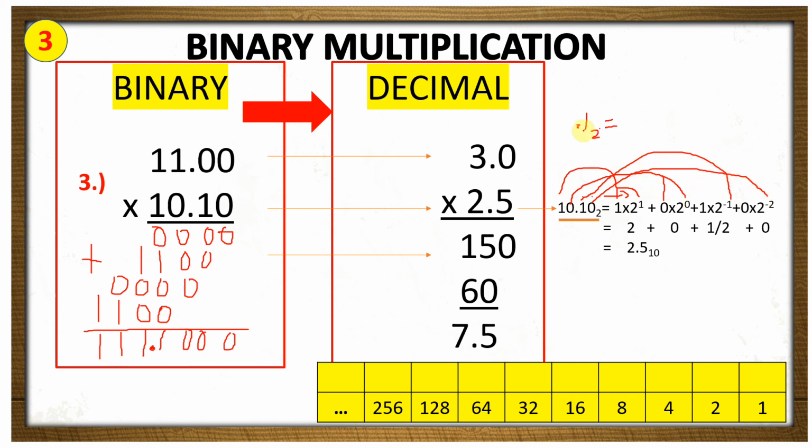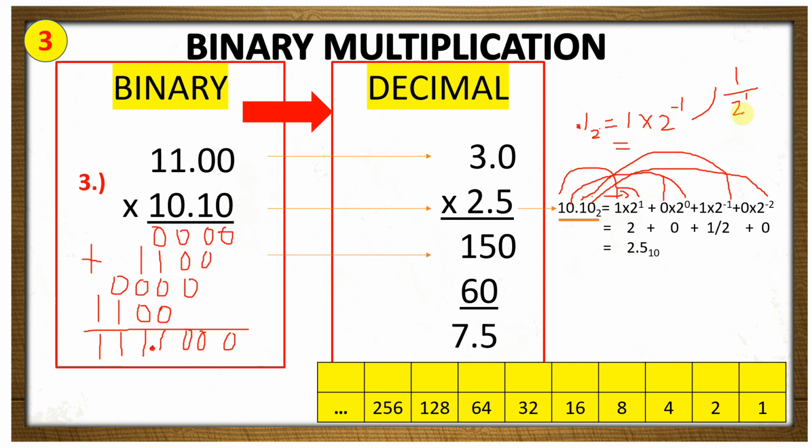Okay, so this 0.1 actually is on -1 here, so the value of that in decimal is 1 times, since that is at the right of the decimal, 2 raised to the power -1. If that's -1, in math this is actually equal to 1 over 2 raised to the power 1.